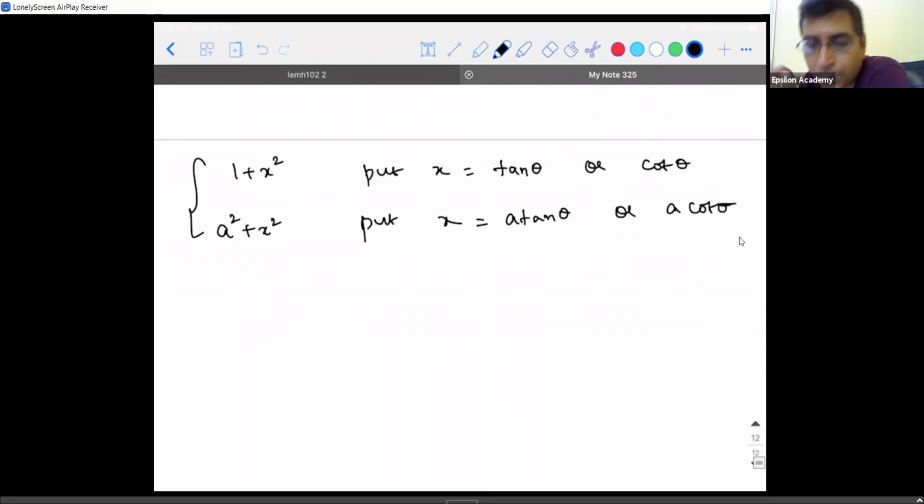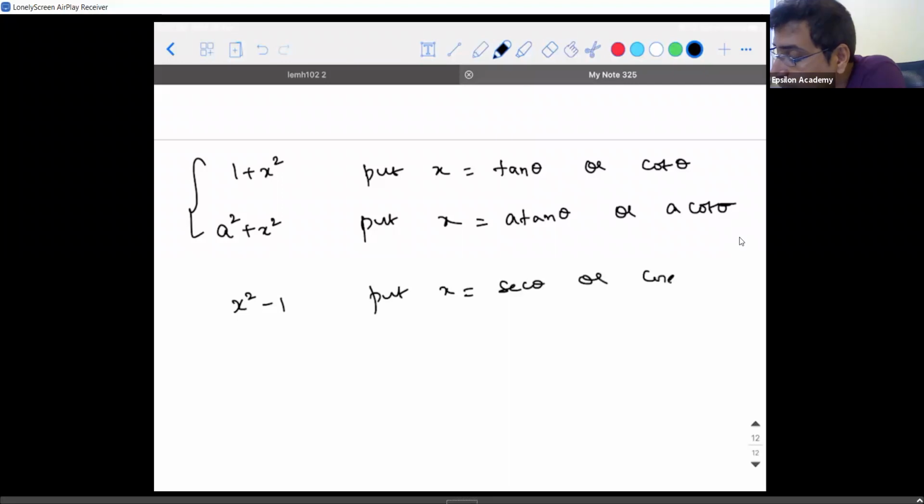For secant theta or cosecant theta, the format is supposed to be x square minus 1. Then you will put x is equal to secant theta or cosecant theta, because secant square theta minus 1 will give you tan square theta. Similarly, cosecant square theta minus 1 will give you cot square theta. Clear?